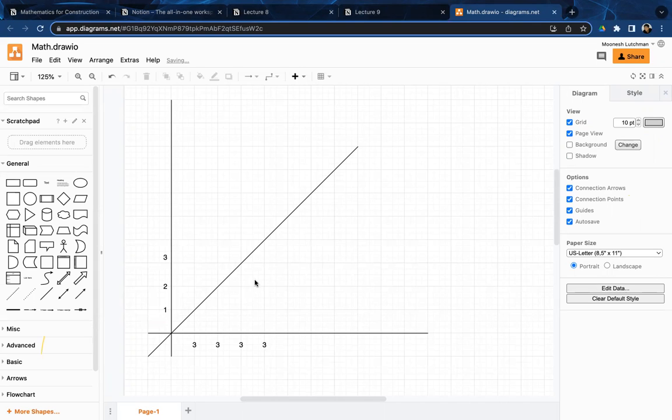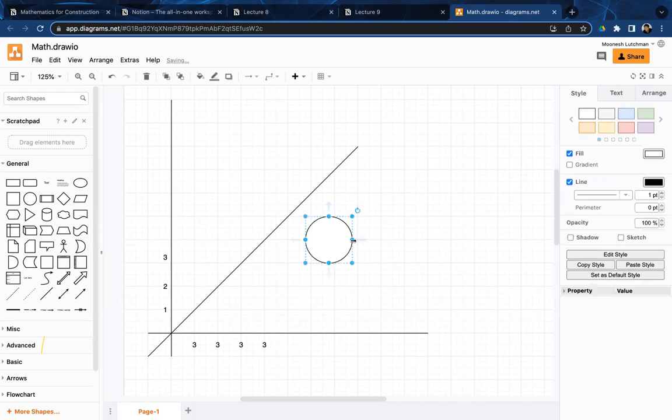If I have this line here, and I want to find the length of it, first let me identify the points, right? So I have this point here. This is 1 point. This could be another point up here.